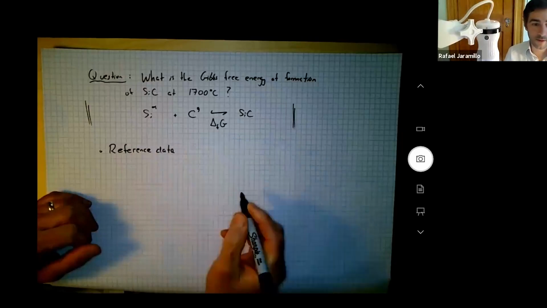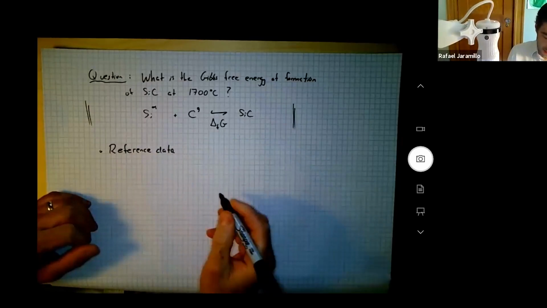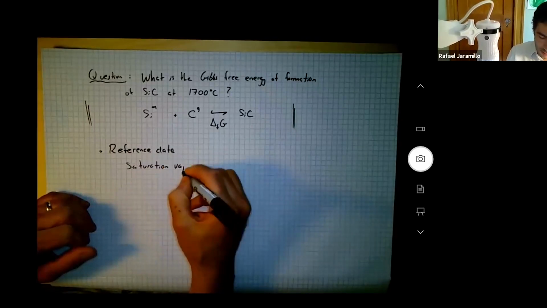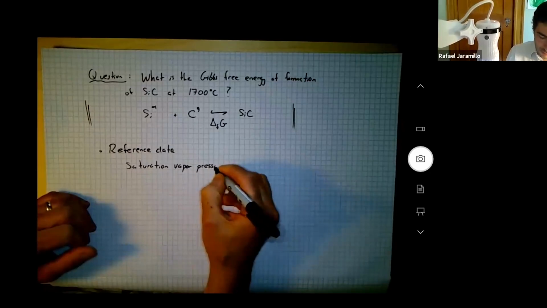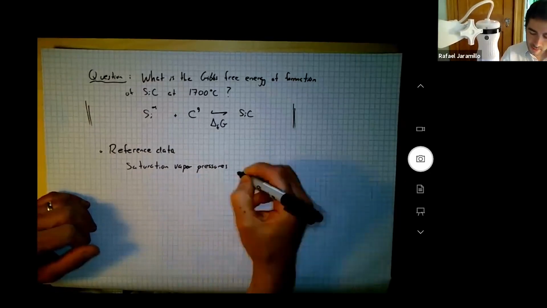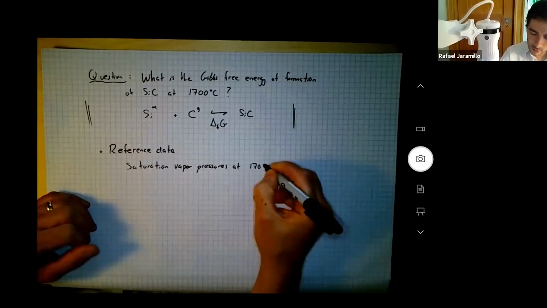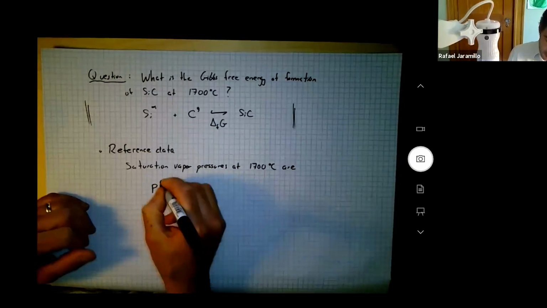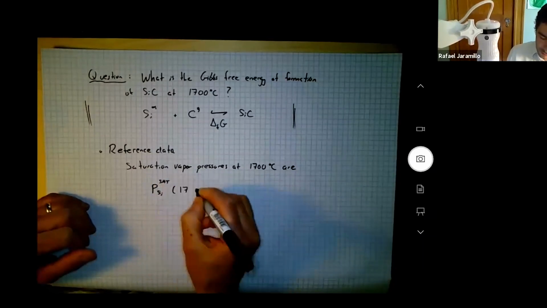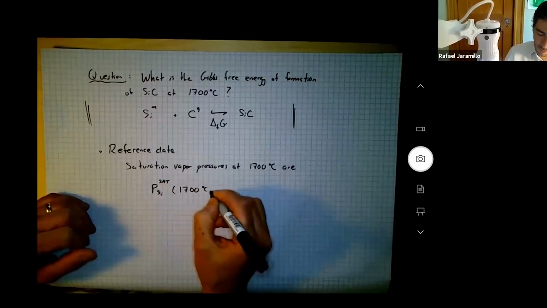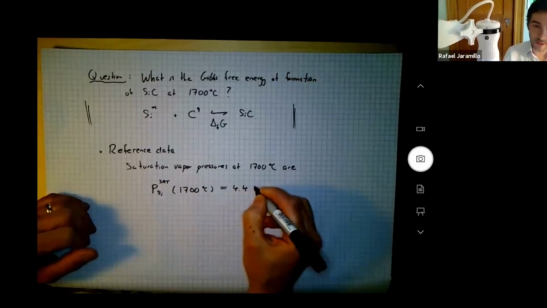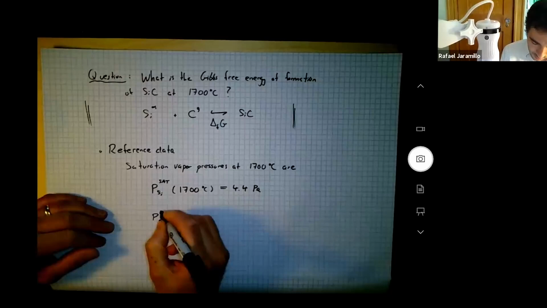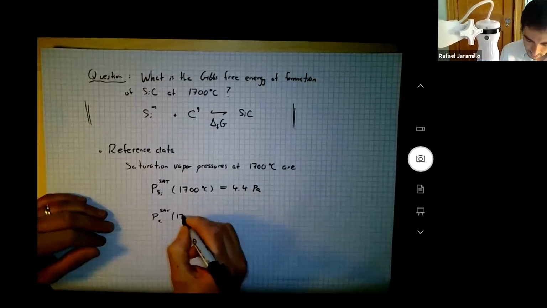You know or you measure that the saturation vapor pressures at 1700 degrees C are, this is the data you have, P silicon saturation at 1700 degrees C equals 4.4 pascals, and P carbon saturation at 1700 degrees C.